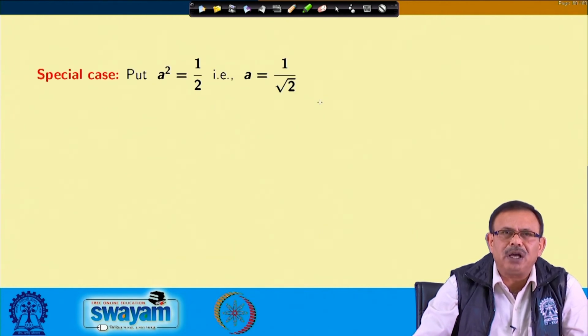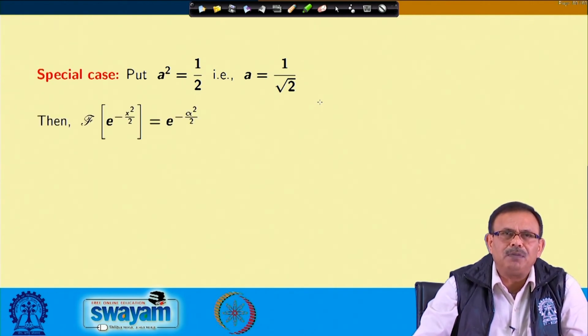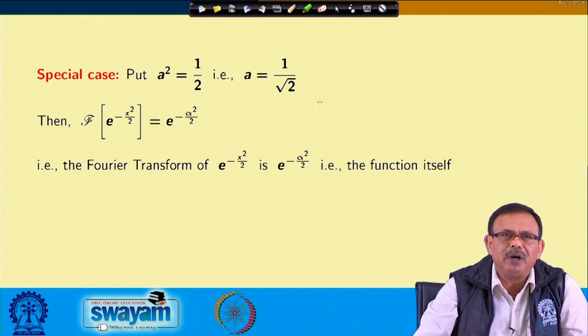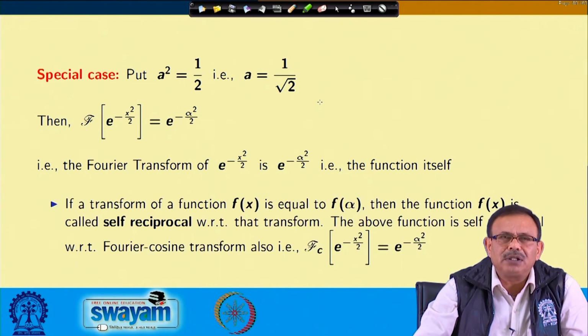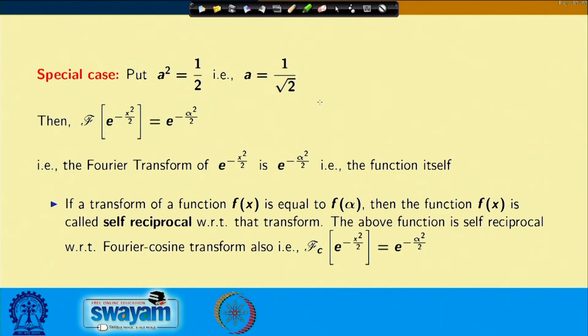Now, as a special case, if I substitute a² equals half, or a equals 1 by root 2, then the Fourier transform of e^(-x²/2) will be equal to e^(-α²/2). That is, the Fourier transform of the function is itself. In this case, if the transform of a function f(x) is equal to f(α), then the function f(x) is called self reciprocal with respect to that transformation.